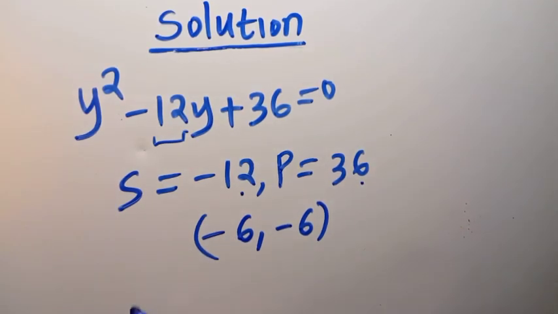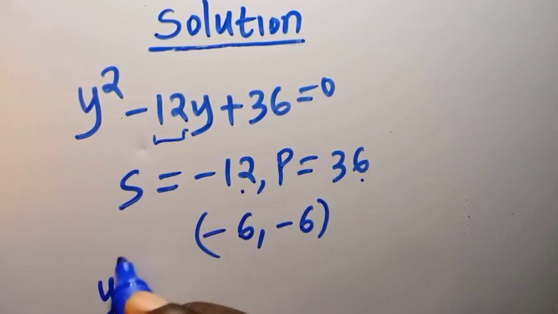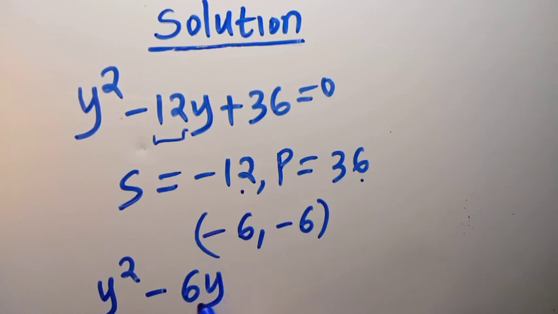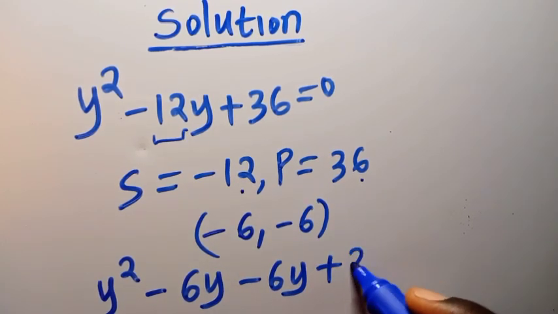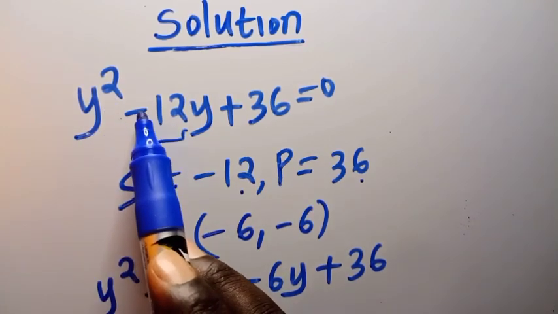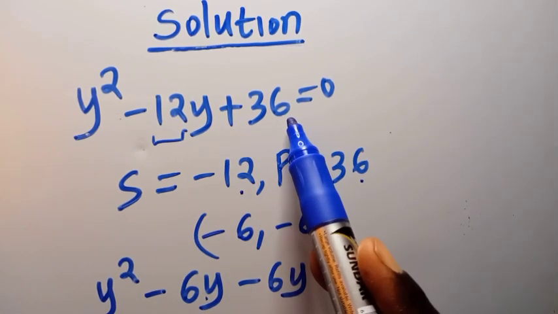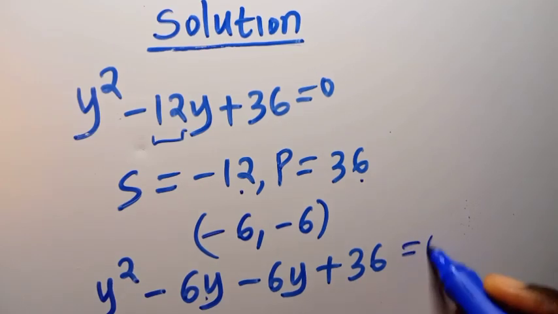Now from there, we shall have y squared minus 6y, then minus 6y, then plus 36. So I have y squared, then instead of negative 12y, I will have negative 6y minus 6y, then positive 36 equals to 0.